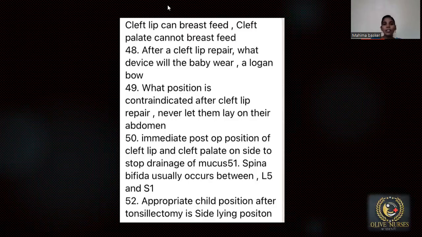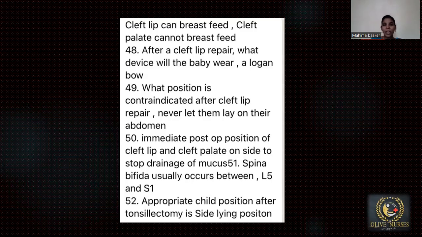Okay, here, cleft lip can breastfeed. Cleft palate cannot breastfeed. Why? Because for a cleft lip baby, we can just adjust and give the breastfeeding. But for cleft palate, if you breastfeed, since the palate is not formed, it will go into the nasal cavity and through that reach the lungs. Aspiration will come. So you cannot breastfeed.